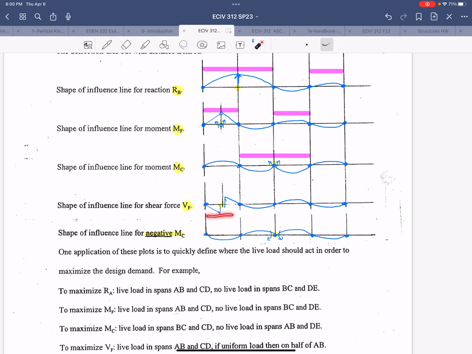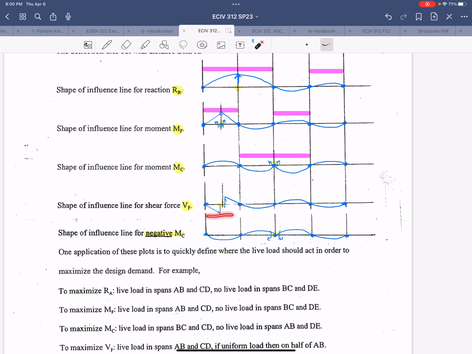F is halfway between A and B. So if we make that assumption, we could say the most likely maximum response will come from the negative spans because we have more of those. All right, so that would maximize the negative shear at F.